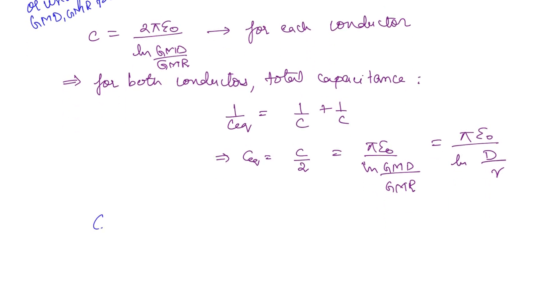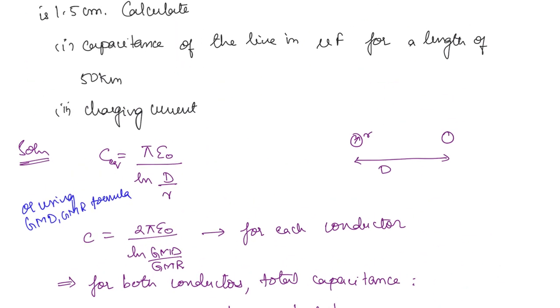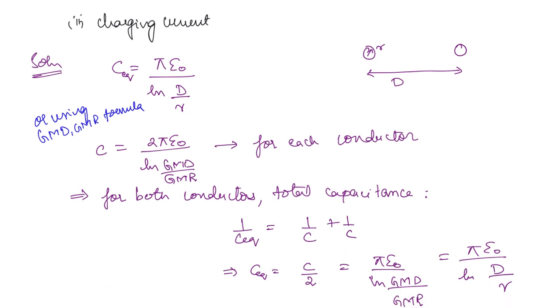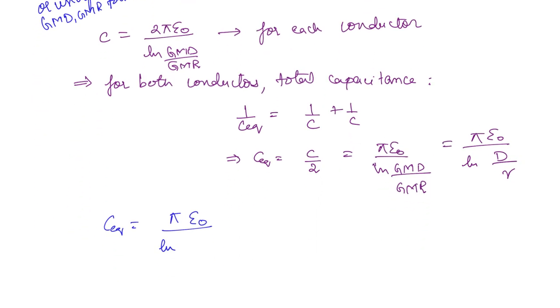If you substitute, C equivalent is equal to pi epsilon naught divided by ln D, which is given as 1.5 meters, and diameter is 1.5 centimeters. We can either write in terms of meters or centimeters. If you take in terms of centimeters, 1.5 meters is going to be 150 centimeters divided by radius, which is going to be 1.5 centimeters divided by 2.